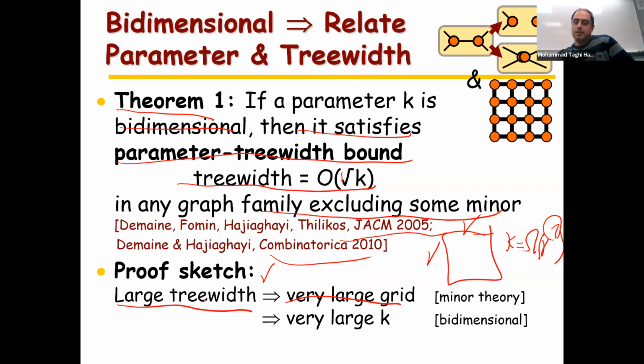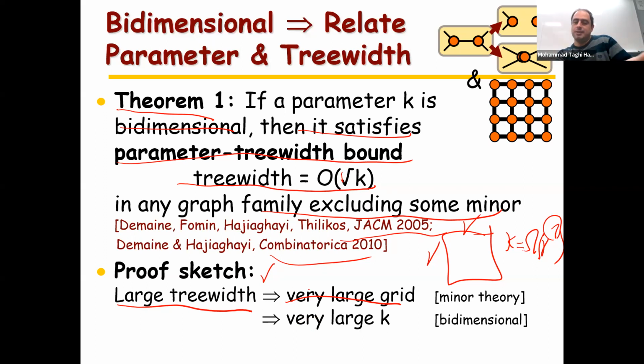It is essentially a proof by contradiction. If the treewidth is larger than this, then there is a large grid there, and because the grid is large, the size of this parameter would be large, because it should be omega of r.